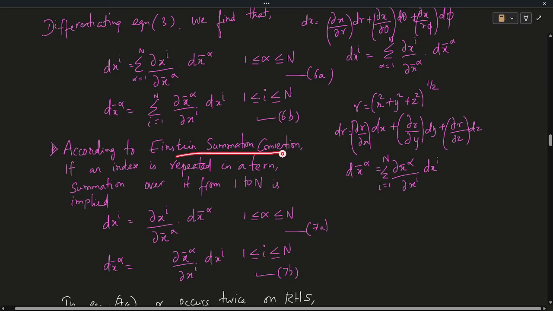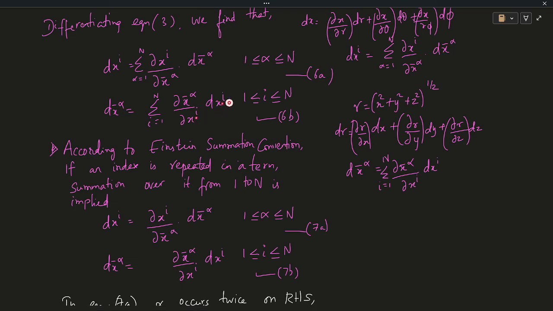The Einstein summation convention says that if we have repeating indices, let us say on the right hand side of 6a and 6b, we see alpha repeats itself here, and i repeats itself here. If we have repeating indices, it already means that summation is happening over those indices n times.